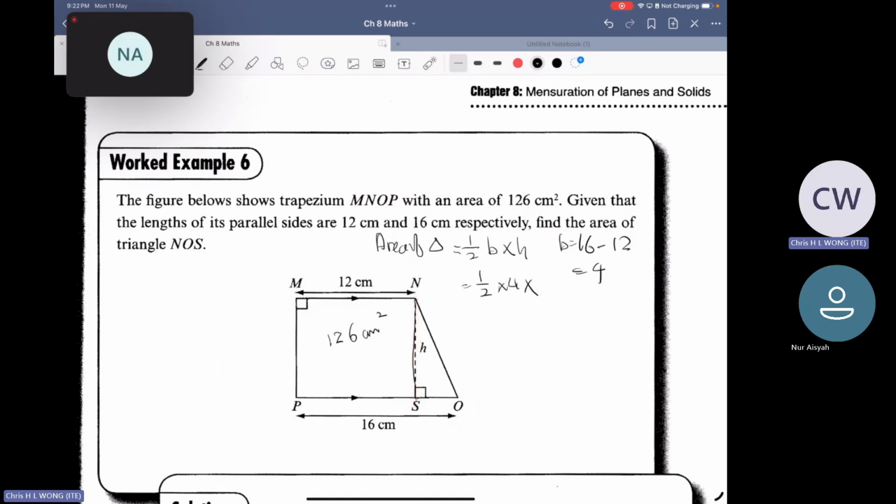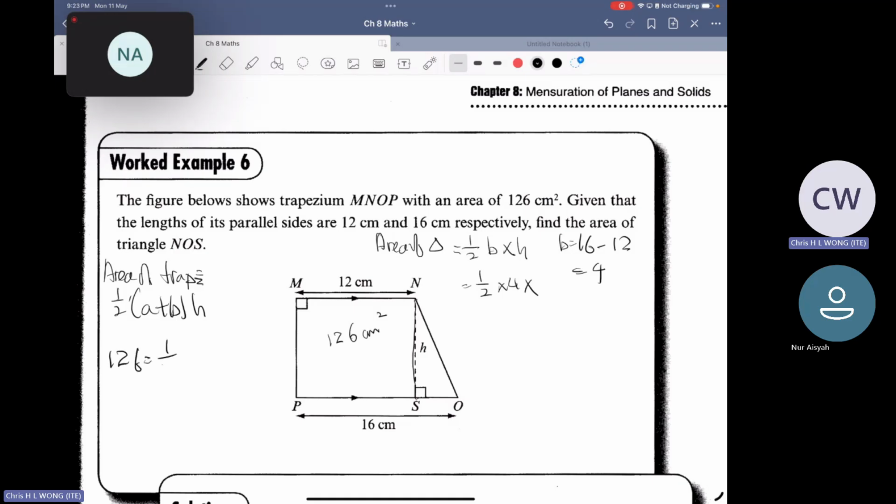So okay, area of trapezium equals half base times height, half (a plus b) times the height. What's the area of the trapezium?